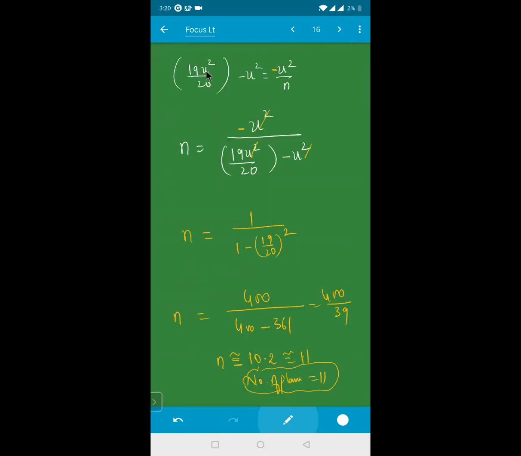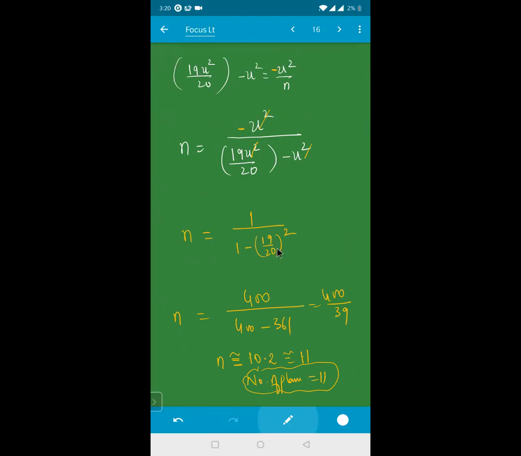That's what I have done here right now. So 19 by 20 u square minus u square is equal to minus u square by n. You can cross multiply, u square cancels here itself. That's not a problem for me. So n will go there. n is equal to minus u square divided by (19 u square by 20 minus u square). u square is removed. So removing this minus sign, it is 1 by (1 minus 19 by 20).